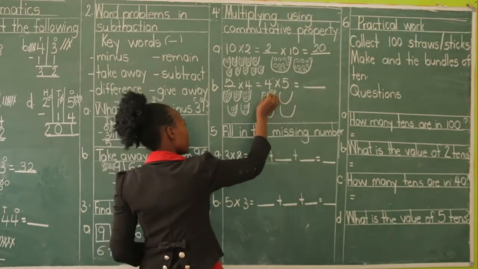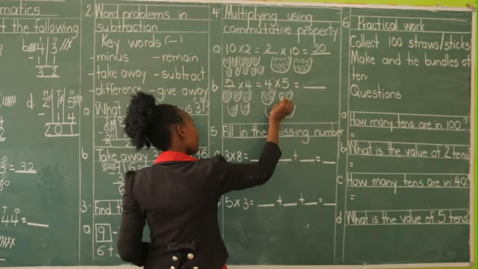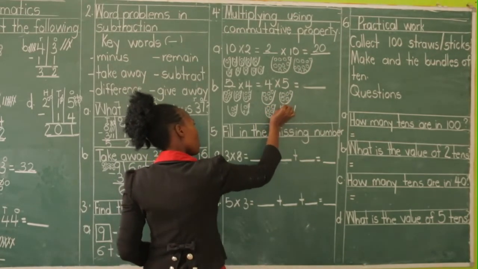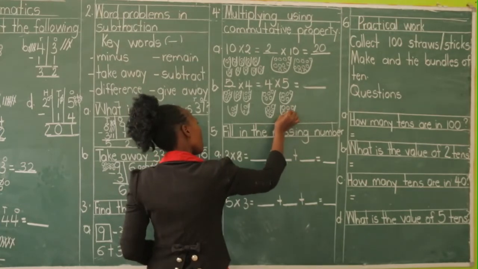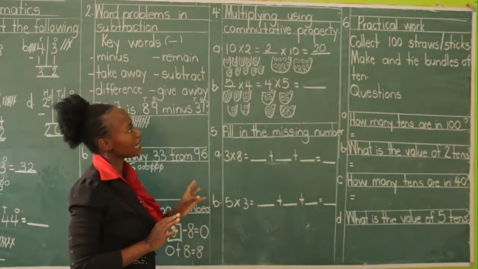1, 2, 3, 4, 5 in each group. Now let's add them so that we get the same answer, as we said.